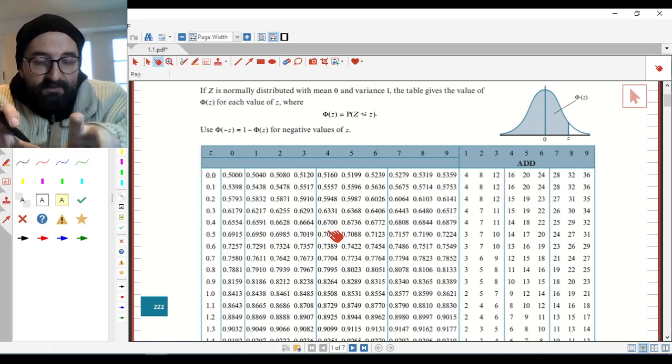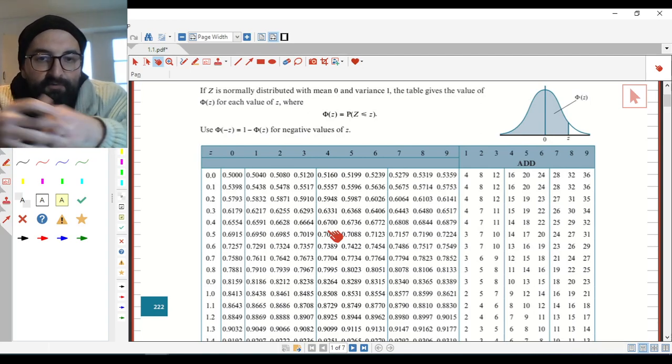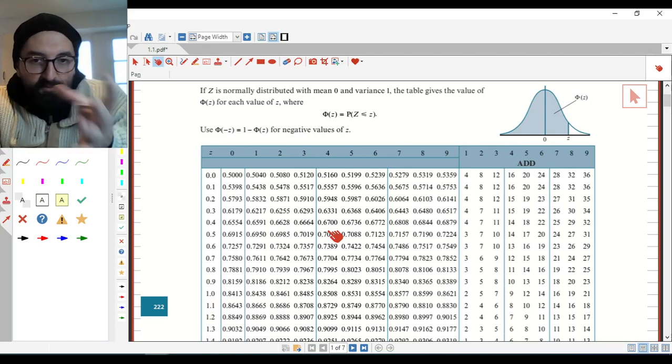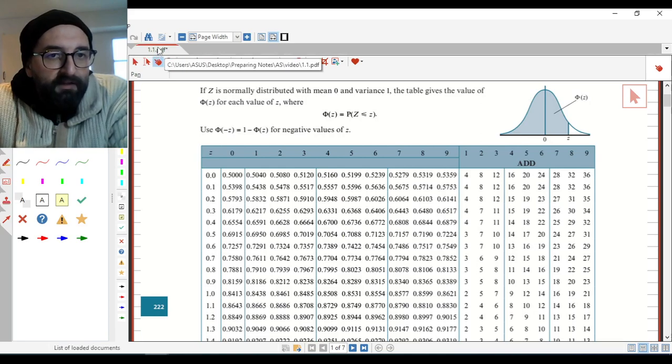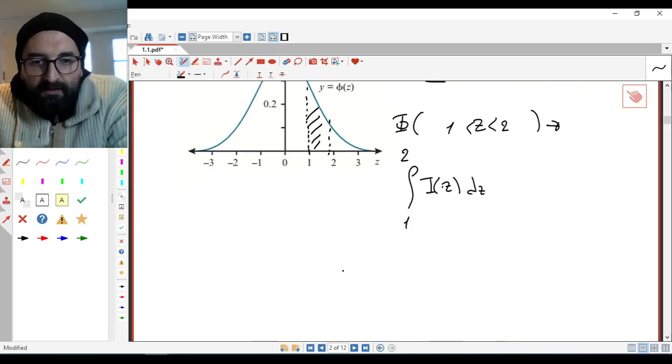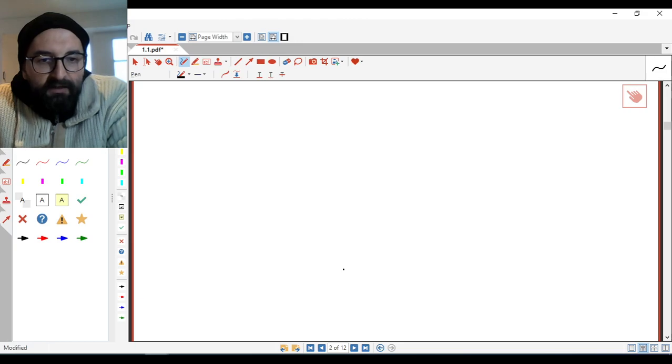And in this lesson we will learn how we can use this table, and how we can find some values or probabilities.